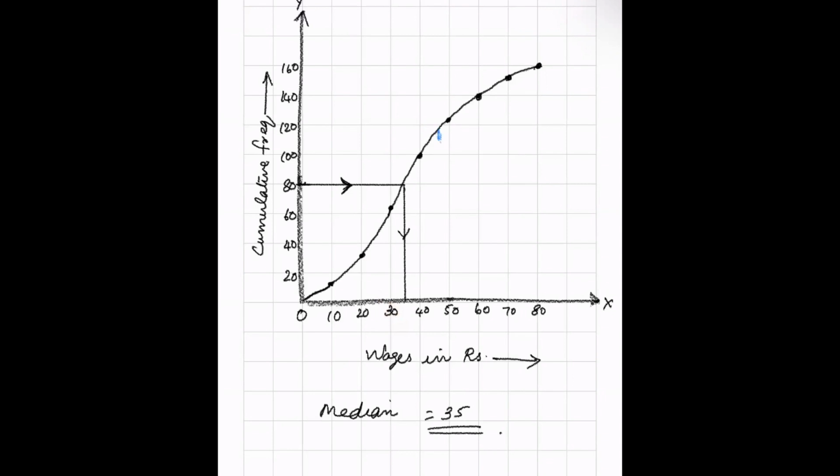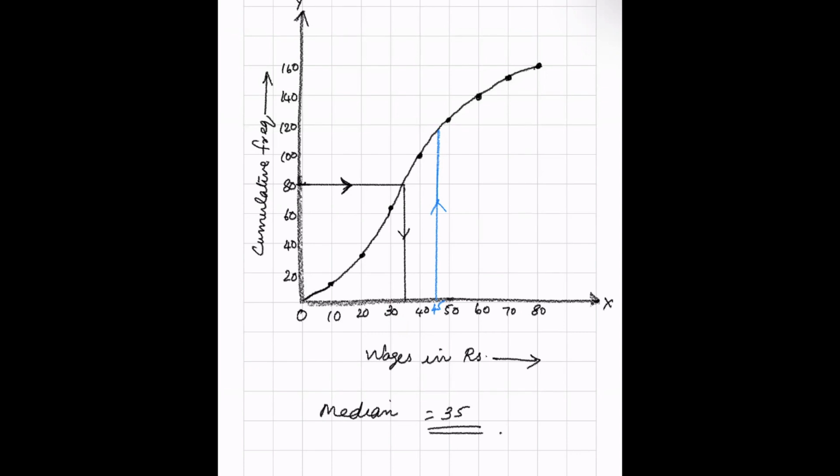Vertically you mark like this. So assuming this is your 45, in which direction are you starting now? You're starting from 45 on the x-axis, because you're talking about wages of 45 and above.